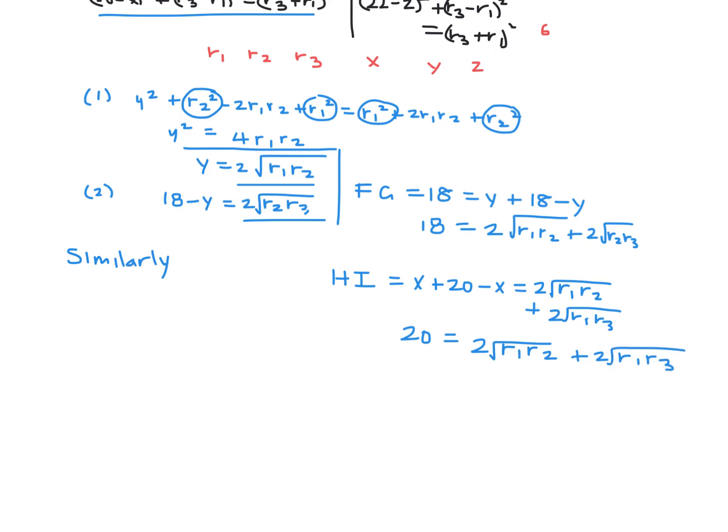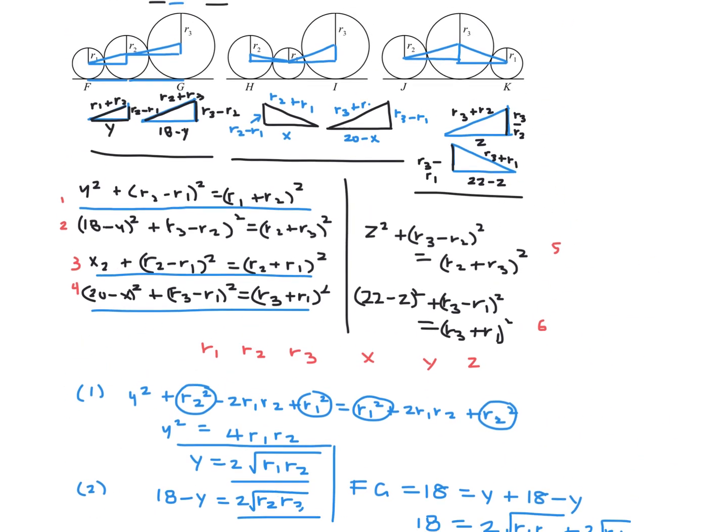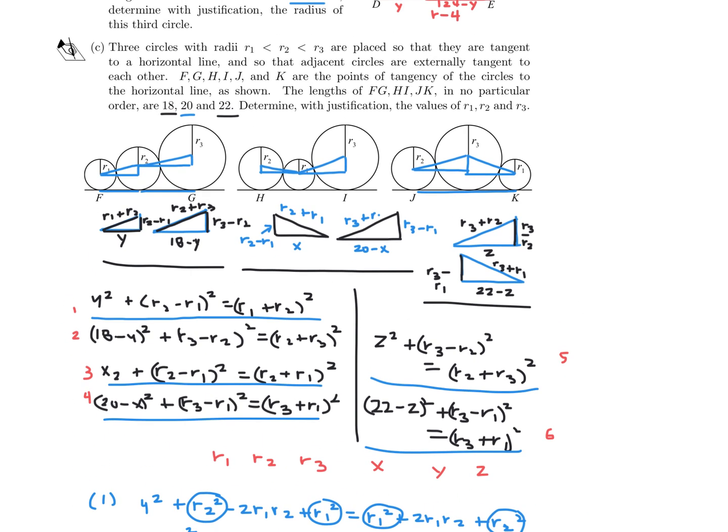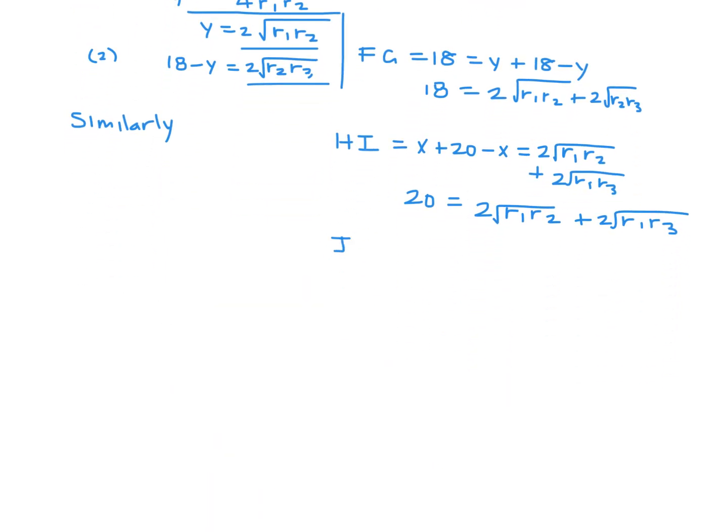And then similarly, we have the last one, which would involve this guy, and that's J to K, and that was 22. J to K, which is 22, was z plus 22 minus z, and therefore 22 is going to be, when you expand and collect like terms, 2 root r1r3 plus 2 root r2r3 like that.